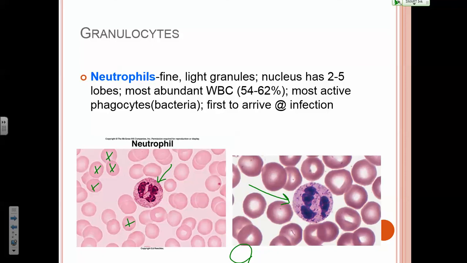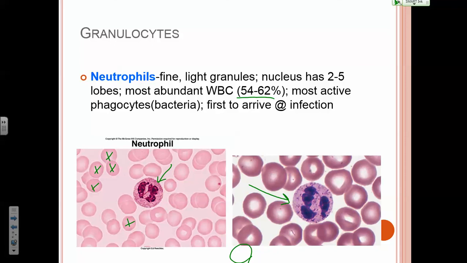In your lab class, you'll be looking at these again, and you'll have the opportunity to do a count of these, and you'll see that there's lots and lots of white blood cells. But you do need to know these percentages. Okay, so they're over half of them. They're the most active phagocytes of all of your white blood cells.